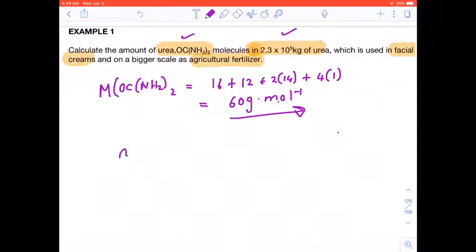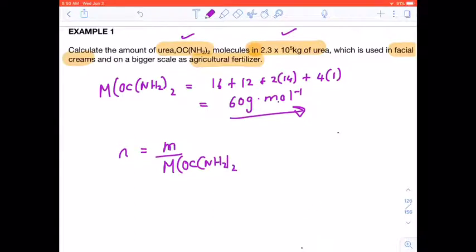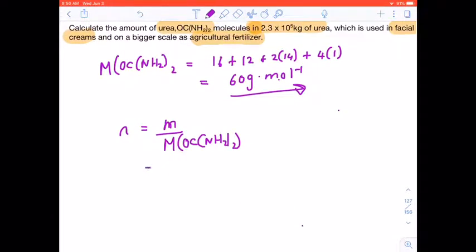So we say n is equal to mass over molar mass of OC(NH2)2, and that is equal to 2.3 times 10 to the 5 kilograms.